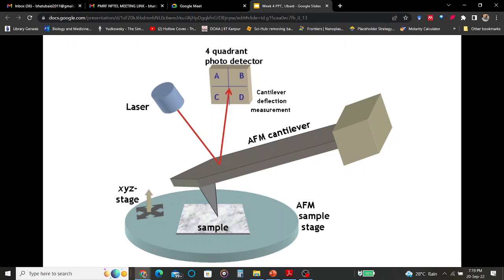Upon touching the sample, the analysis is done by simply feeling or touching. For example, if you close your eyes and touch some surface, by touching you can feel the surface and tell what the properties are, or how the morphology of the surface is.